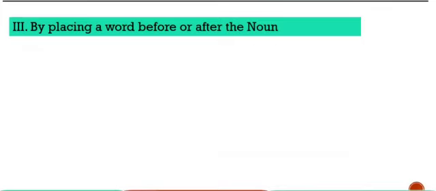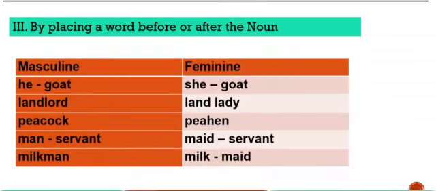Another way of changing masculine into feminine is by placing a word before or after the noun. For example, he goat, the feminine is she goat. Landlord is the masculine, landlady is the feminine. Peacock becomes peahen, manservant, maidservant, and milkman becomes milkmaid.